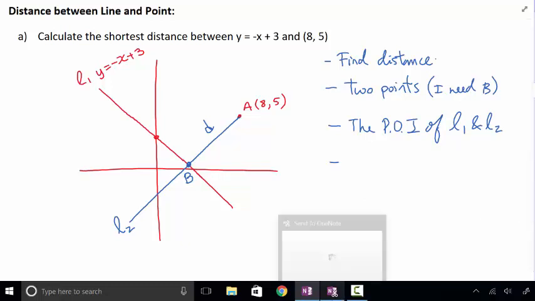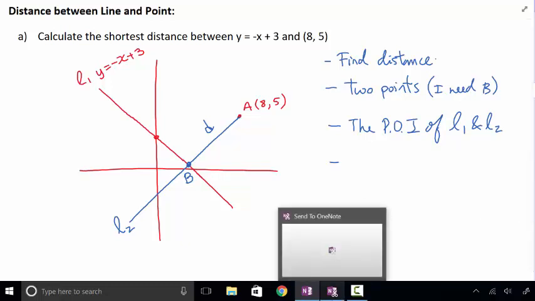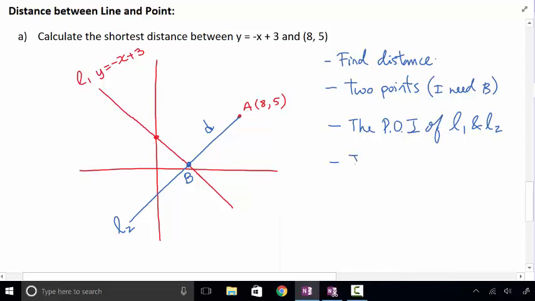If I want to find the point of intersection, what do I need? The equations.